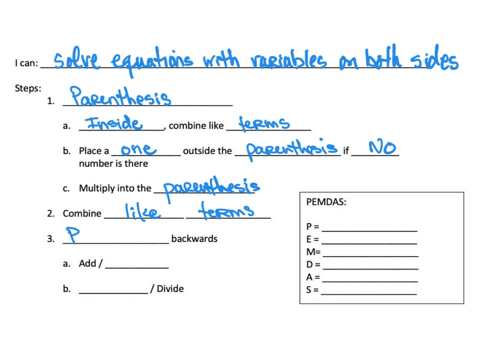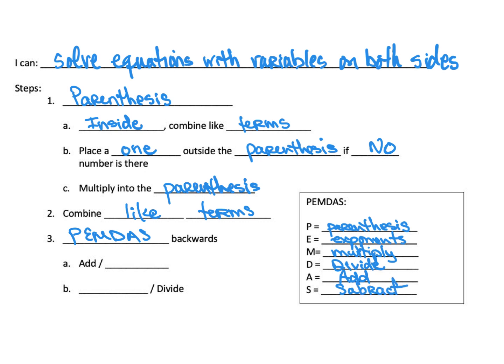And then we want to do PEMDAS backwards. All right, so PEM. And then remember, PEMDAS, P is parentheses, E is exponents, M is multiply, D is divide, A is addition, S is subtraction.